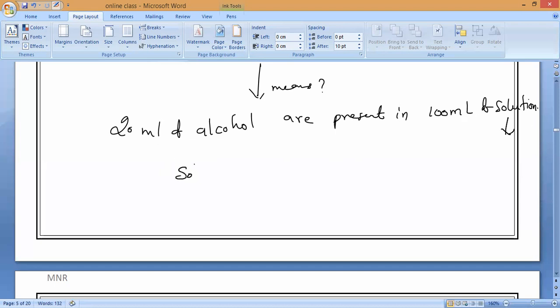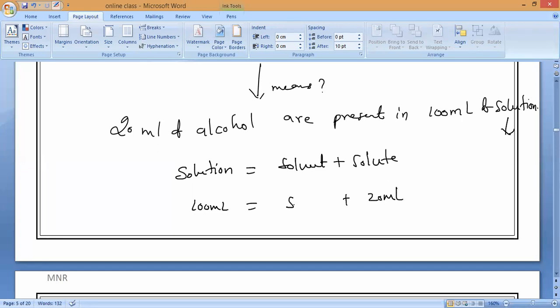So solution is equal to solvent plus solute. Now solution is 100 ml, solvent we don't know, solute is 20 ml. So now what is the solvent?